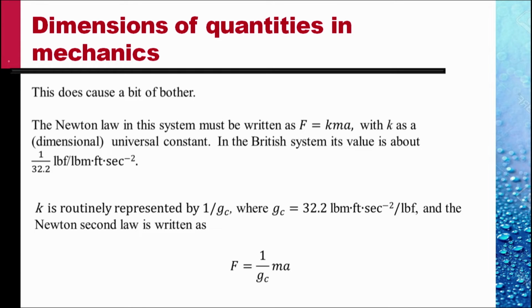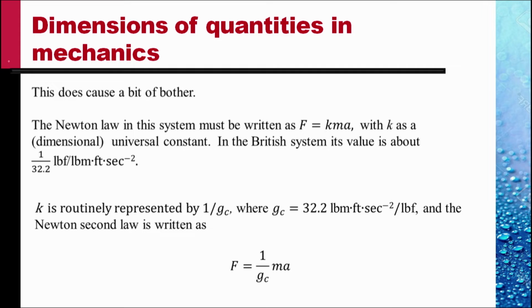This does cause a bit of bother. Newton's law in this system must be written as F equals k m a, where k is dimensional. It is a universal constant in the sense that it has the same value in any experiment.